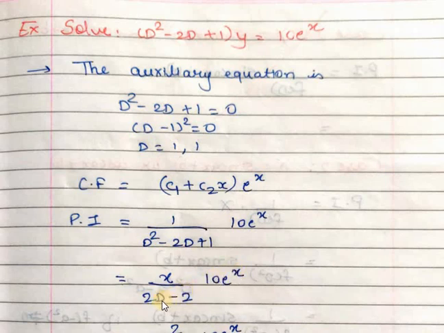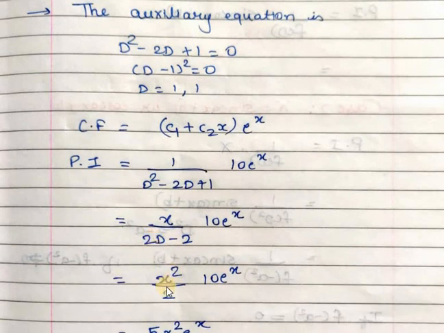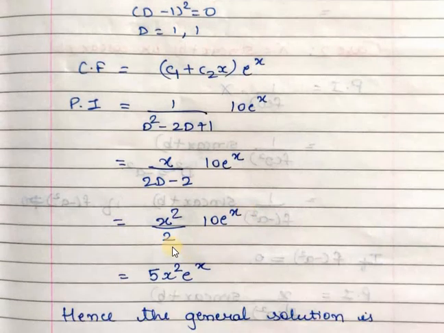If we replace D by 1, then again the denominator is 0. So again we will have to multiply by x and take the derivative of the denominator. So it will be x square divided by 2, because the derivative of D will be 1 and the derivative of 2 will be 0. So it will be x square divided by 2 into 10 e raised to x. If we simplify this, it will be 5x square e raised to x.